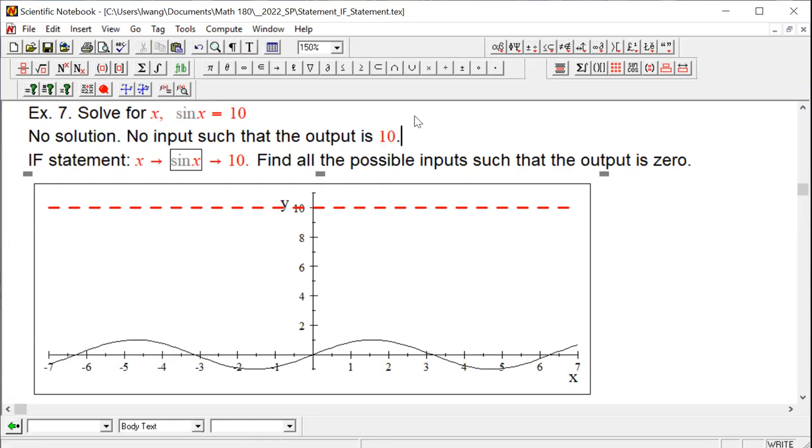So according to this rule of function, it's impossible to have any input that produces that desired output. No solution. Well, does this question have to be answered this way? Of course not.